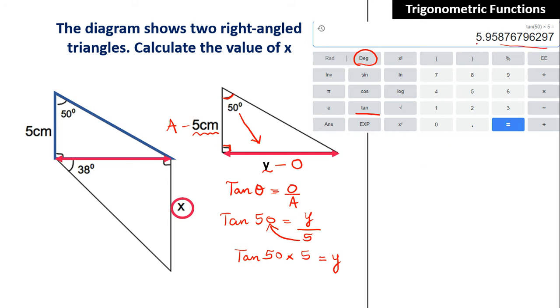So I can just round it off to two decimal places, which means my y is equal to 5.96 centimeters. That means that this particular length right here is 5.96 centimeters.